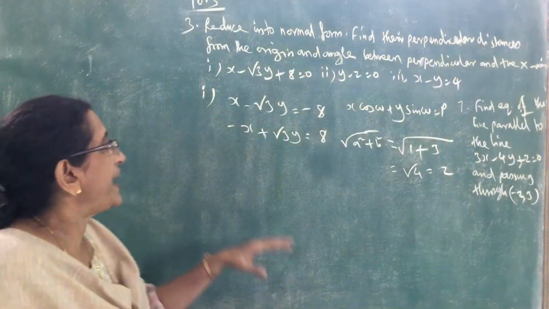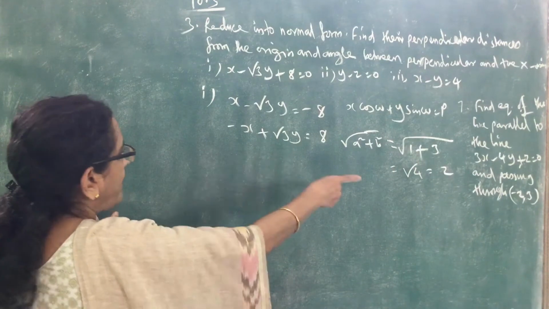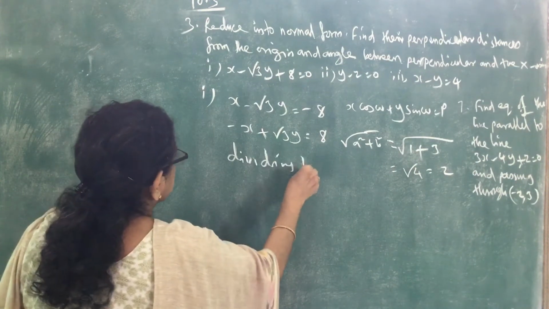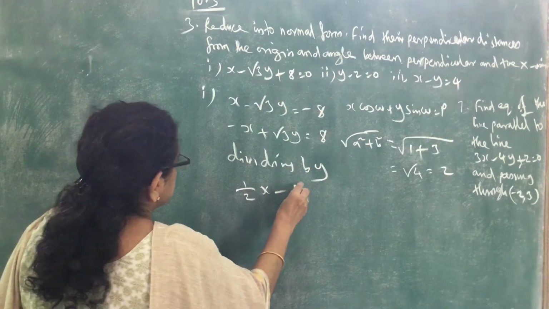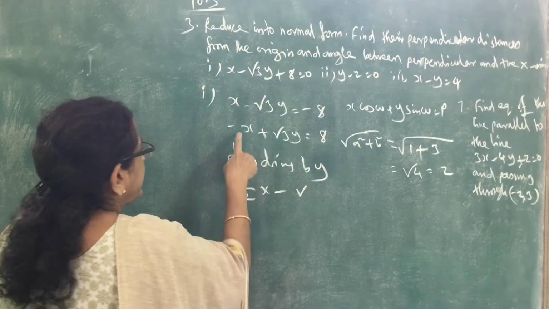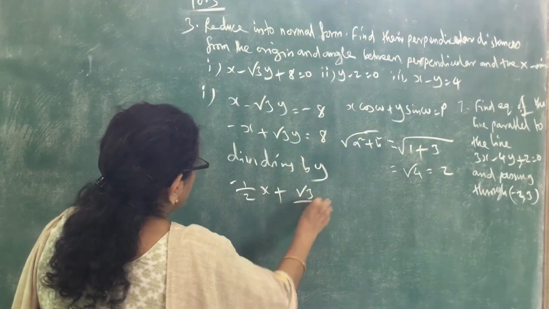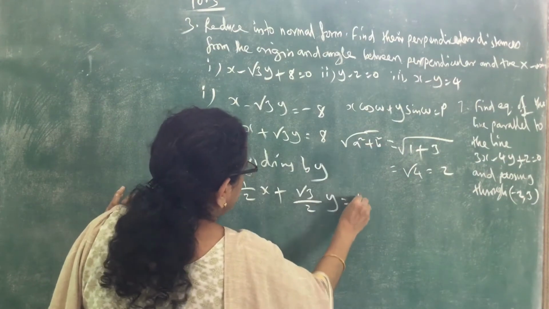So we divide throughout the equation by 2. Dividing by 2, we get minus 1 by 2 x plus root 3 by 2 y equal to 8 by 2, that is 4.